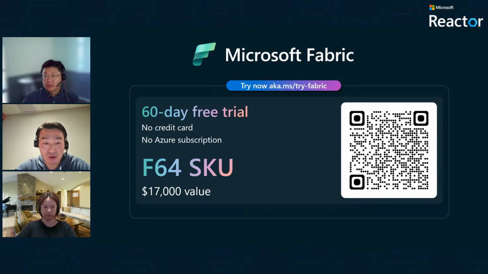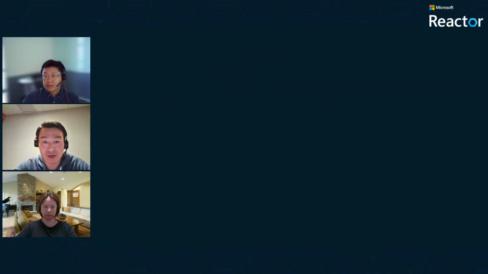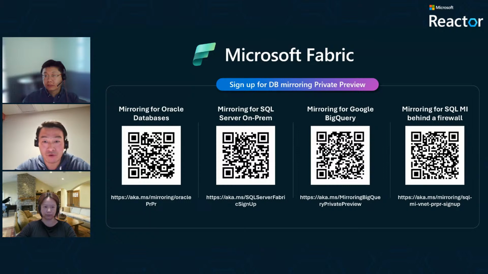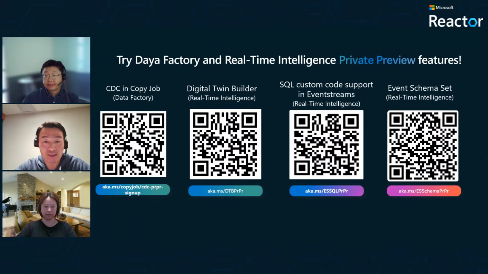As mentioned by Linda, we have many capabilities for database mirroring in private preview now, so please scan the QR code to sign up and have a try. A similar page on the next slide covers private preview features for Data Factory and Real-Time Intelligence, as she just mentioned. All those exciting capabilities are in private preview for you to use.